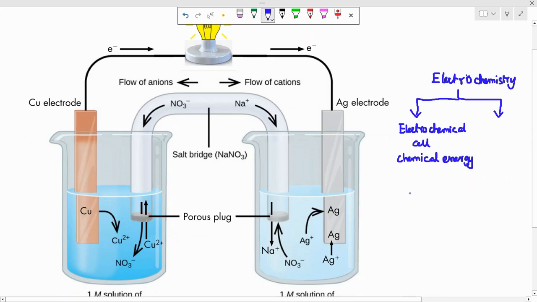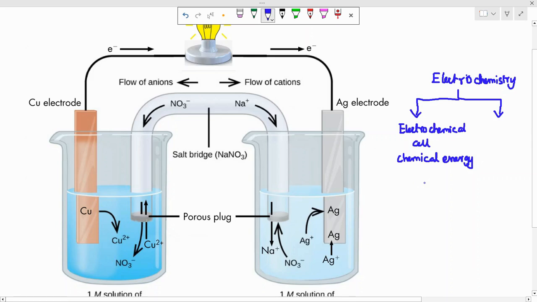In thermodynamics, we have learned that, right? In 11th standard thermodynamics, there will be a release of heat energy, meaning it will be an exothermic reaction. So the energy released from the chemical reaction is in the form of heat.